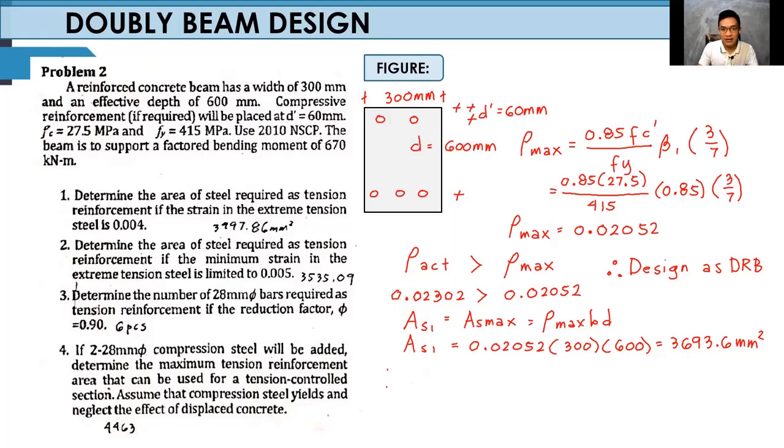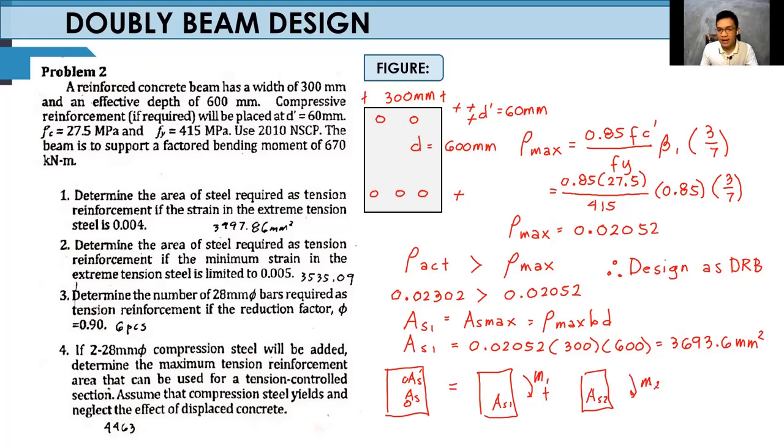So by getting our AS2, take note that, sa figure natin, we have here yung AS natin, then dito is yung AS prime. So di ba mahahati si AS into 2. Si AS1 plus dito is si AS2, di ba? So therefore, this is moment 1, then this is moment 2.